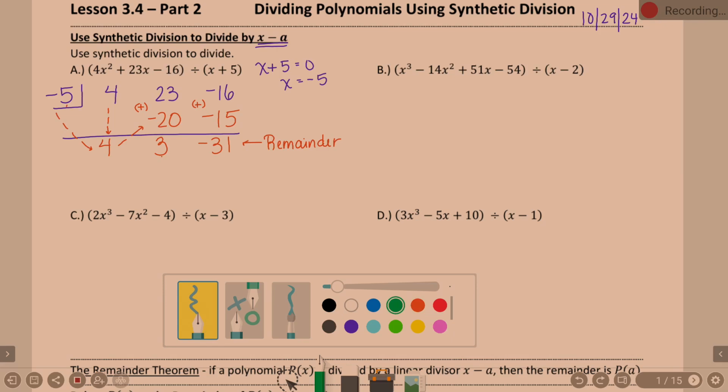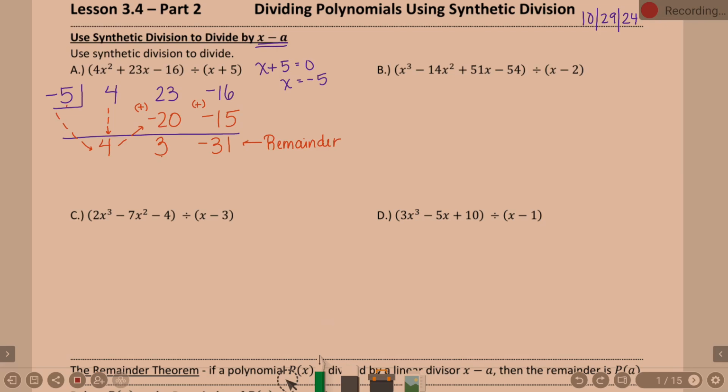Now, keep in mind, this original 4 represented 4 what? X squared. We just took 4x squared and divided by an x. So that means 4x squared, you divided by an x. This is now 4x to the first.